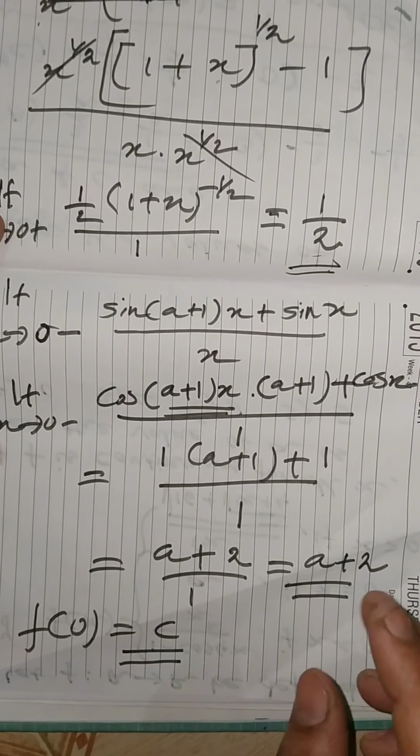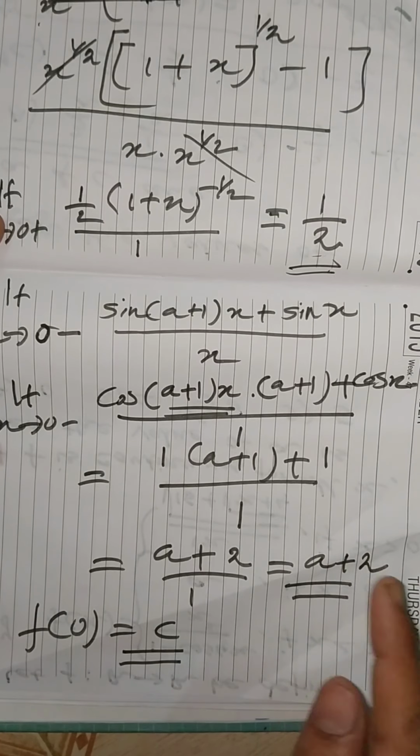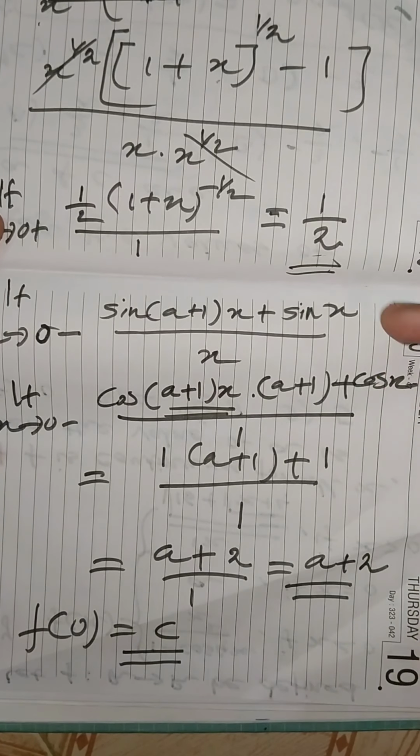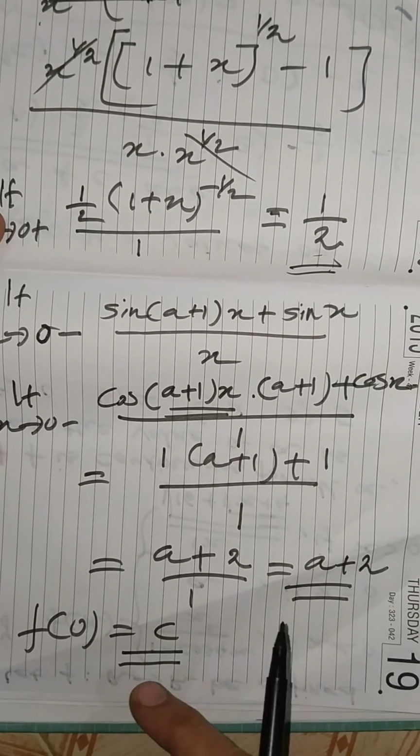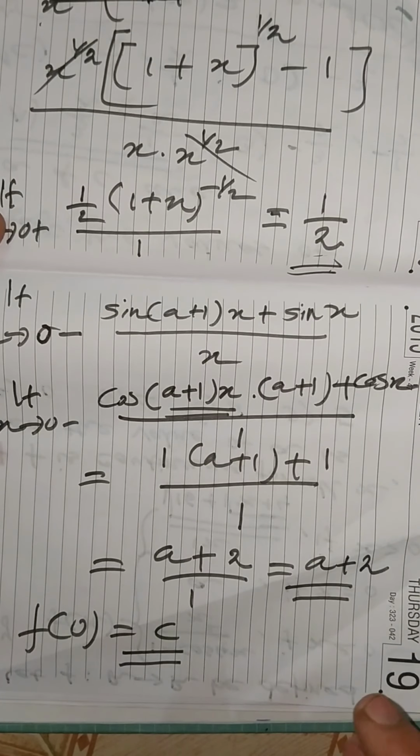But given the function is continuous at x equal to 0, so we have to equate these three values. From that we are getting the values of a and c. If we equate these three values, we can easily find out the a value and c value.